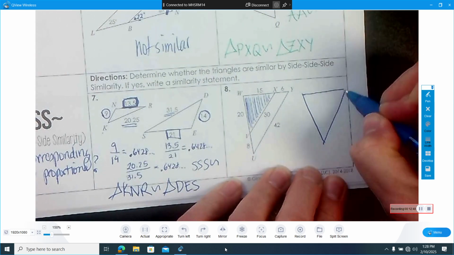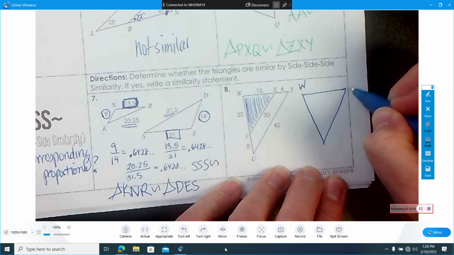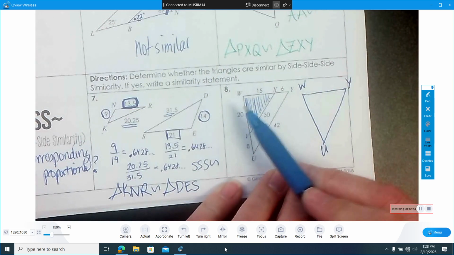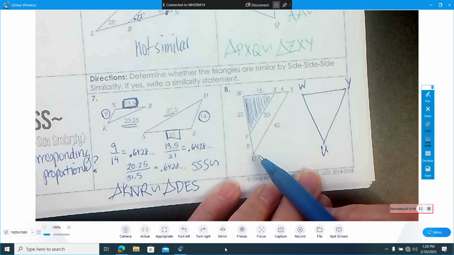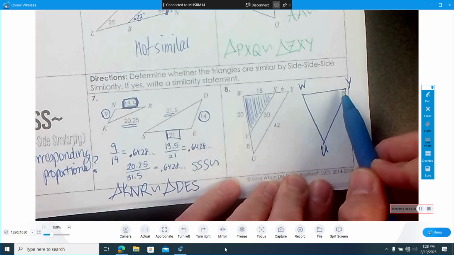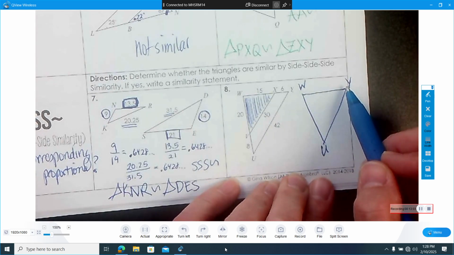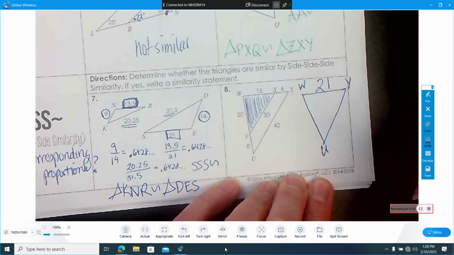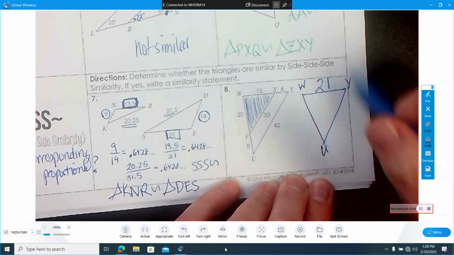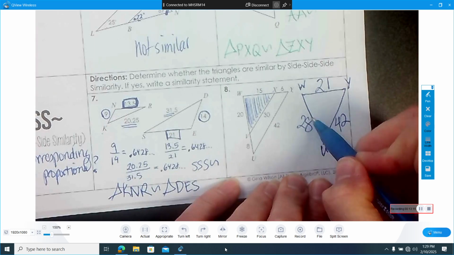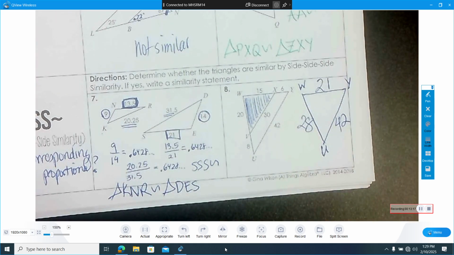I don't have to draw a beautiful picture, but just to make it nice and clear, here is my large triangle WYU. And how long is side WY? 21, thank you. And YU is still 42. And WU is how long? 28. Okay. So now I've drawn out my triangles.